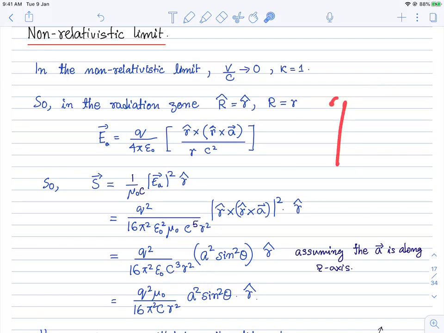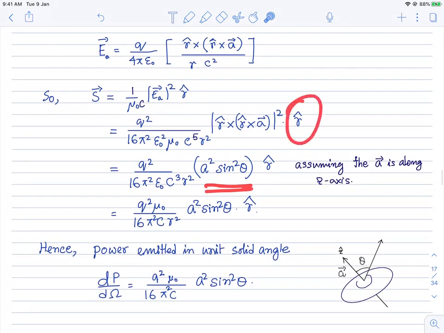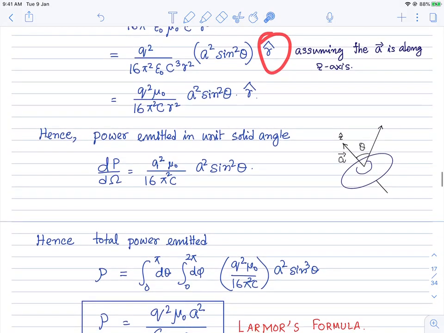Because this is the z-axis and the r hat direction is some other direction, and this is the theta between them. So this essentially becomes a squared sine squared theta, and the Poynting vector is directed along the r hat direction.